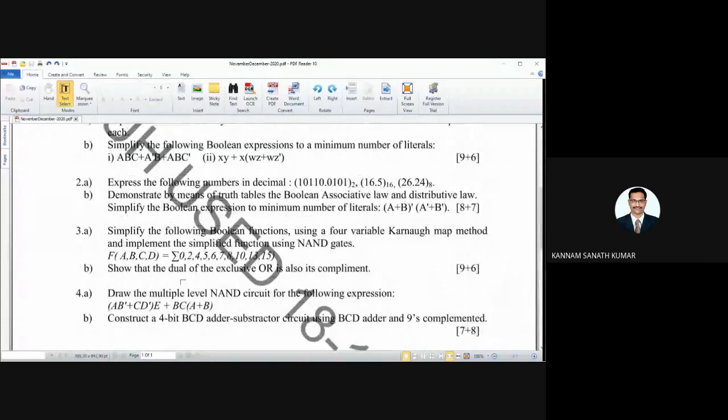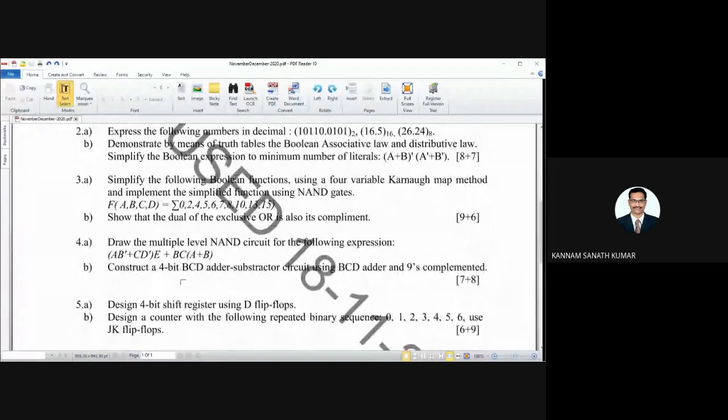Draw the multiple level NAND circuit for the following expression.